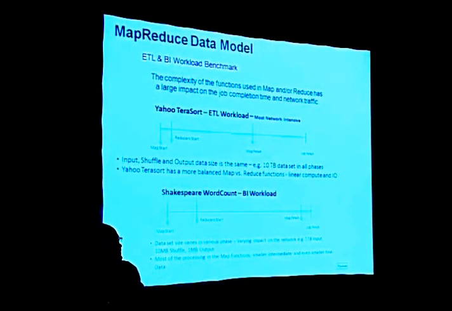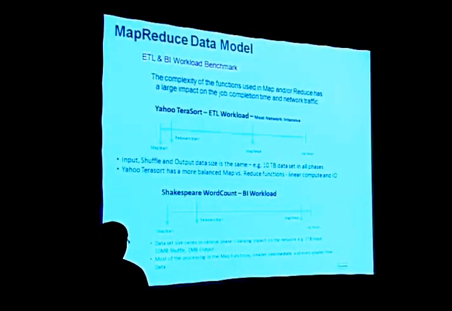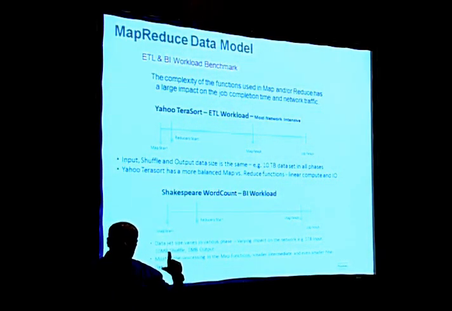So we ran with 2 sets of workload characterizations. The standard ETL workload, where the data set remains consistent across all phases of the map reduce, right? You have 10 terabytes of data coming in, you have terabytes in the map, terabytes in the reduce or shuffle phase, and the result phase. So the data set remains the same.